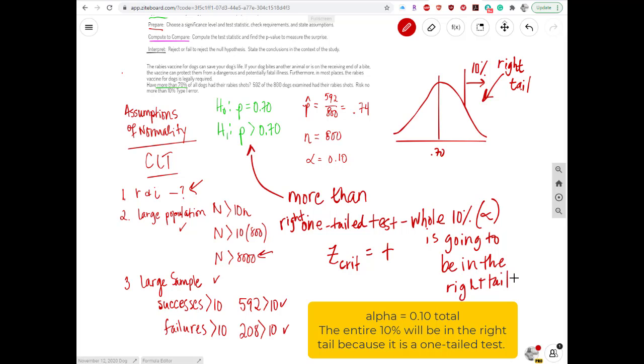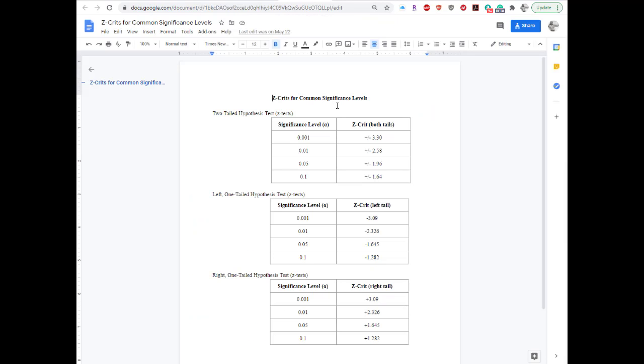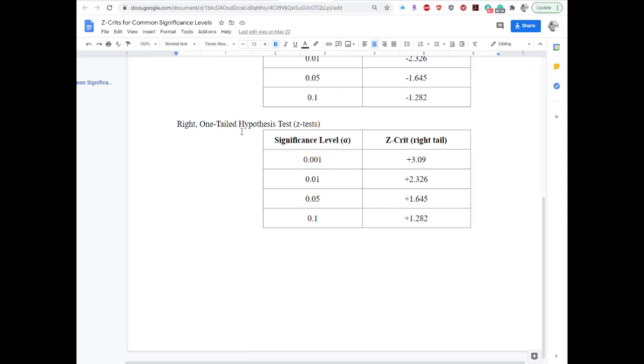Okay, so we need ZCrits. We need a right one-tailed test. So here we are, right one-tailed test, and I'm going to go ahead and make this a little bit bigger. So here's my right one-tailed hypothesis test for z-tests, and I need 10%.